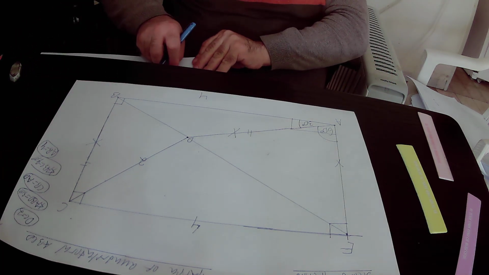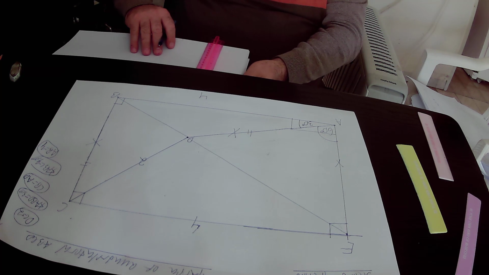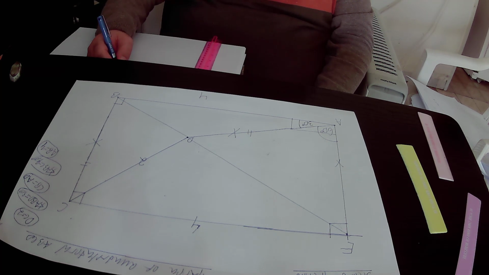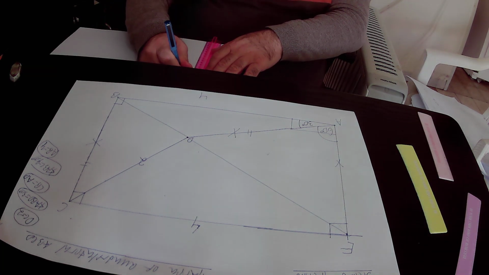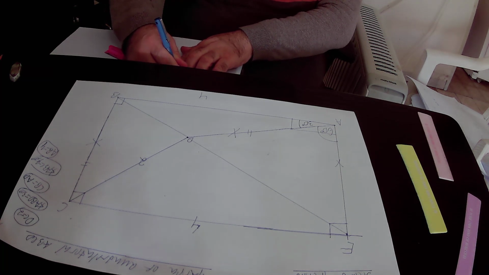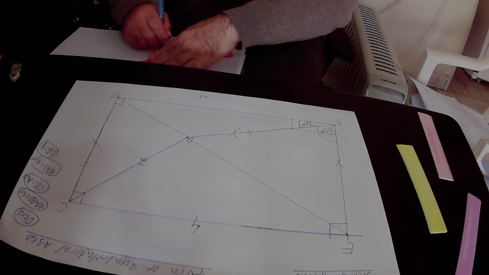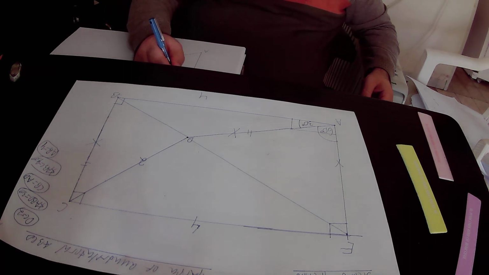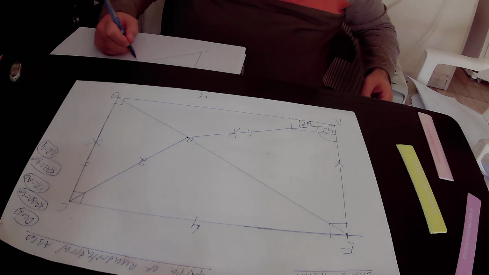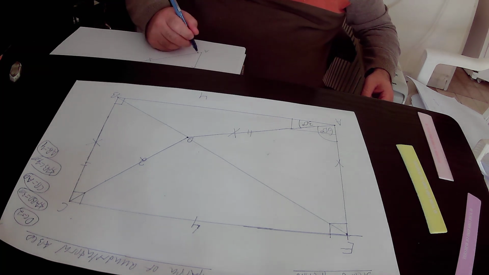Triangle AED has two sides that are equal to each other, and we also know that angle EAD equals 60 degrees.